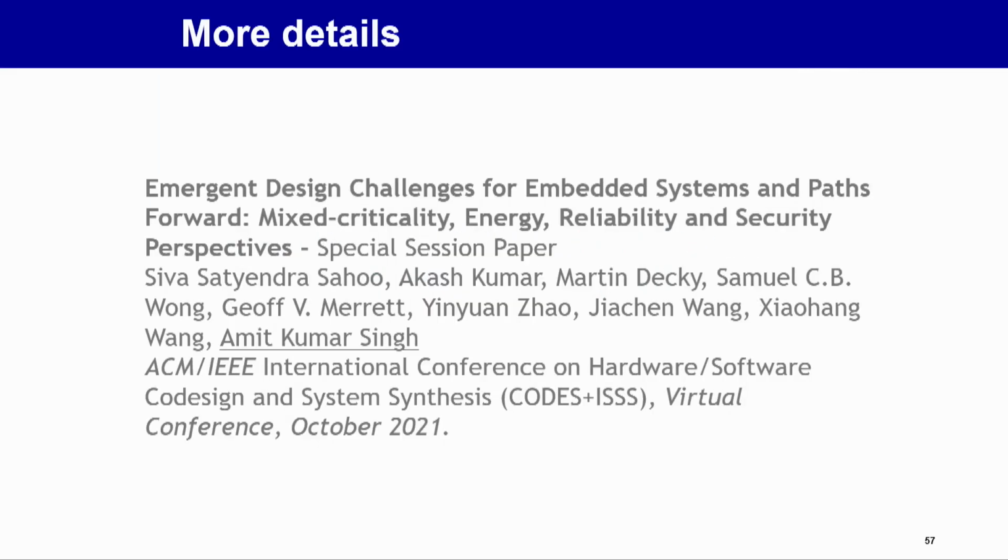Okay, so for this aging attack specifically, if you look at this paper about emerging design challenges for embedded systems and paths forward, in the security or reliability section you can find how this aging attack is done. More details are in this paper.